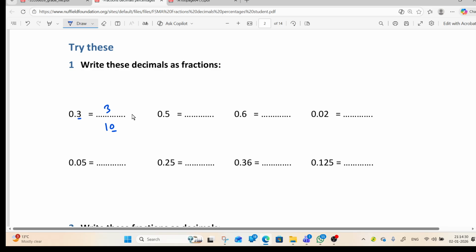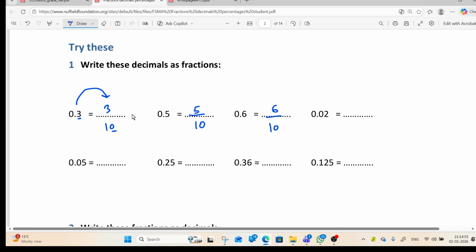That many zeros you need to put in the denominator and keep the numerator as it is. Okay, that's great. Next, 0.5 as a fraction. 5 over 10. Good. Next. 6 over 10. Very good.